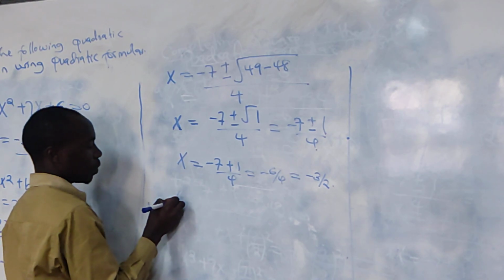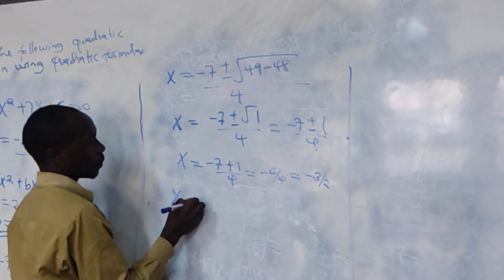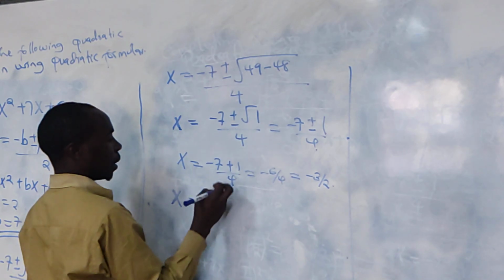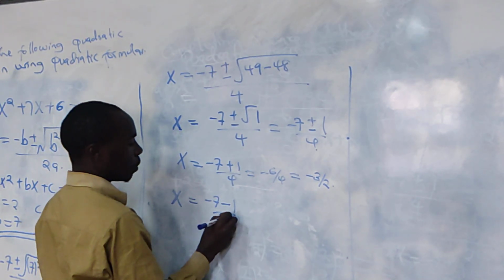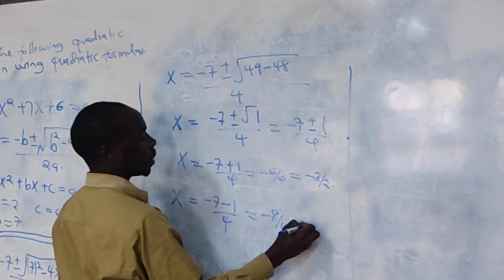X will also be equal to minus 7 minus 1 over 4, which is negative 8 over 4, which is negative 2.